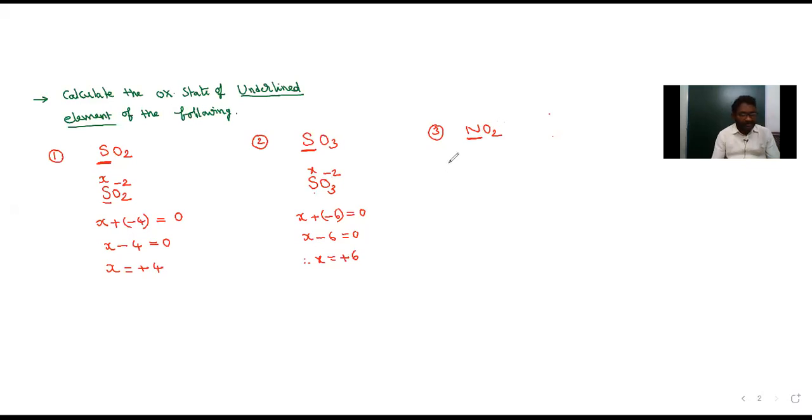How? Let the nitrogen oxidation state be X. Oxygen is normally -2. 1 into X, X, plus 2 into -2, -4, is equal to 0. X minus 4 is equal to 0. X is equal to +4.